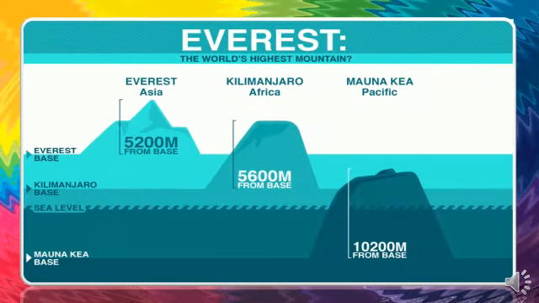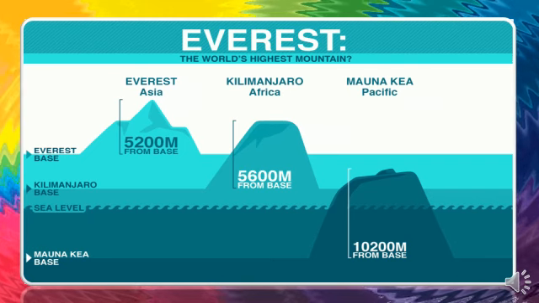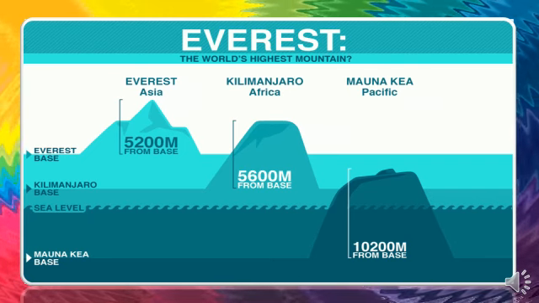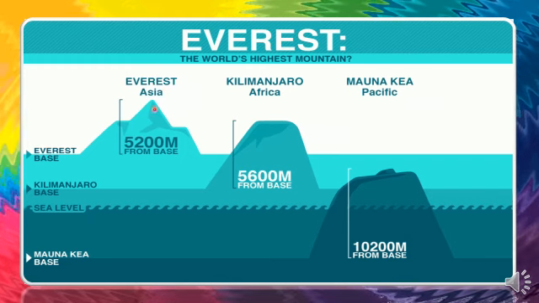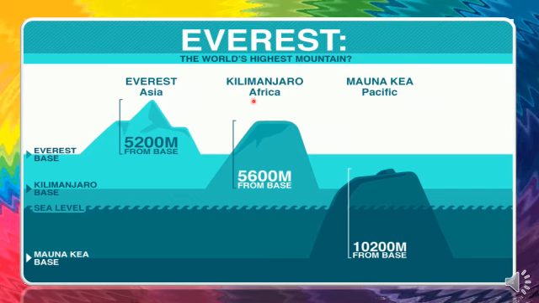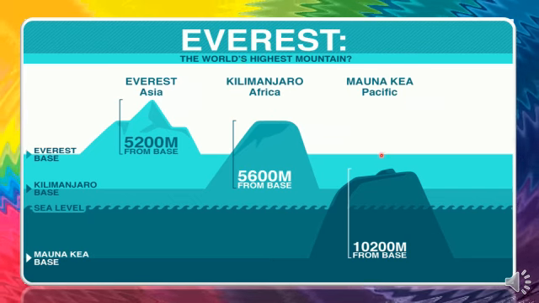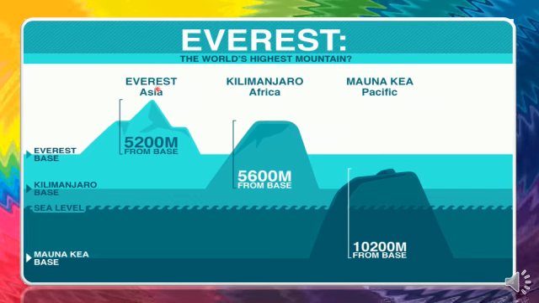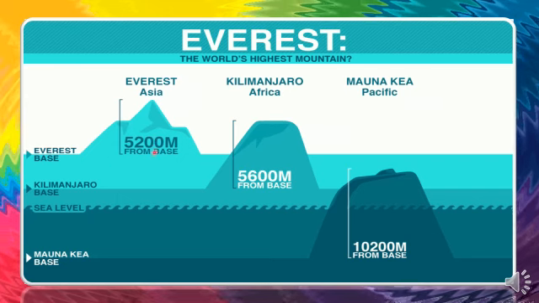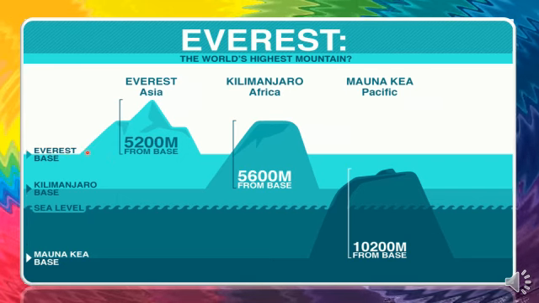Let's analyze whether Mount Everest is the world's highest mountain or not. As you can see in this picture, three mountains are shown. First is Mount Everest, situated in Asia. Other is Kilimanjaro in Africa, and Mauna Kea, situated in the Pacific. Now, as we have learned earlier, the height of the mountain is calculated from the mean sea level. So this is the base of Mount Everest.